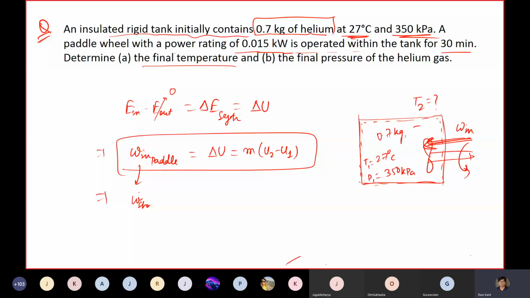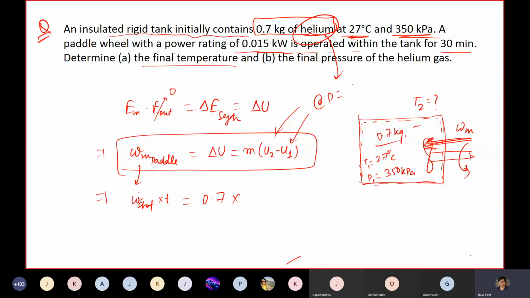Mass is given, 0.7. U2 minus U1 we need to see from where? U2 we don't know, so U1 we can see from the table at pressure. This is helium, so we need to see the helium table.